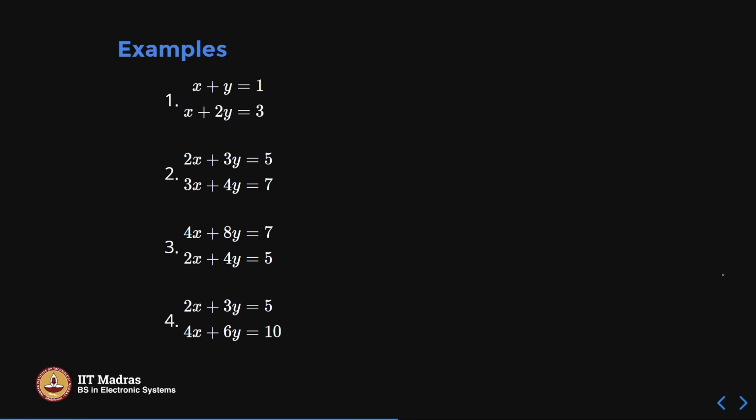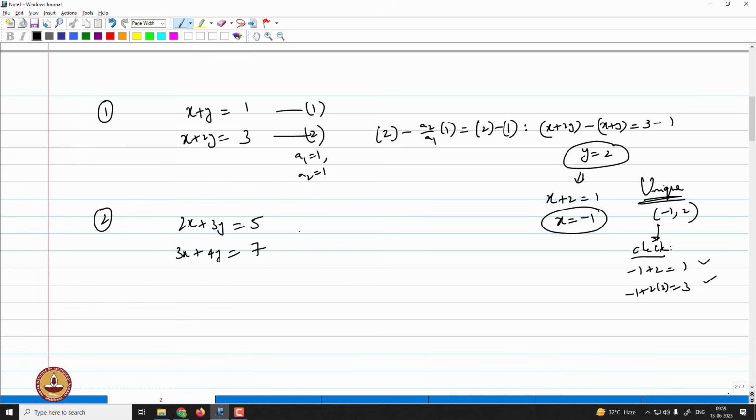2x plus 3y equals 5, 3x plus 4y equals 7. So this is 1, this is 2, and quickly I see that a1 is 2 and a2 is 3, right? And my elimination is going to require 2 minus 3 by 2 times 1, which is going to be 3x plus 4y minus 3 by 2 times 2x plus 3y equals 7 minus 3 by 2 times 5.